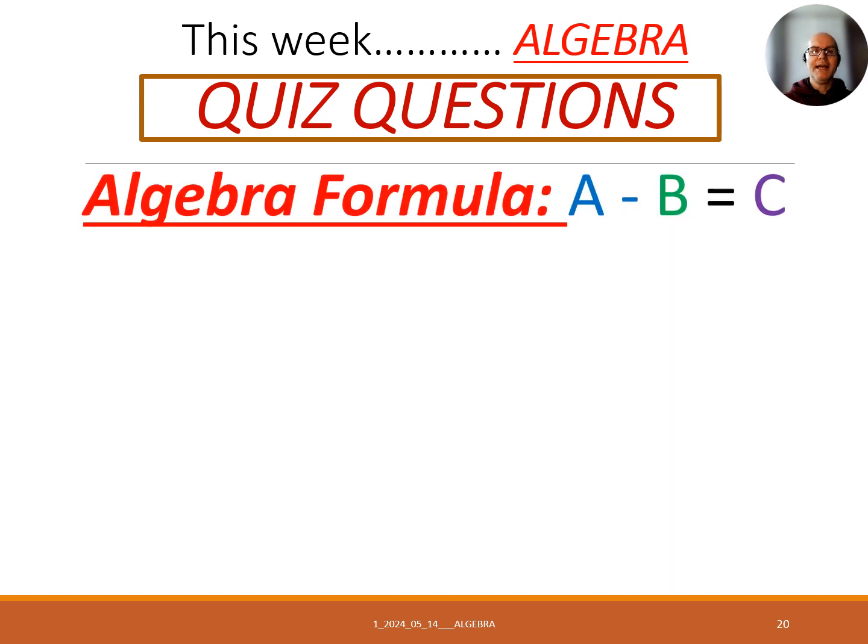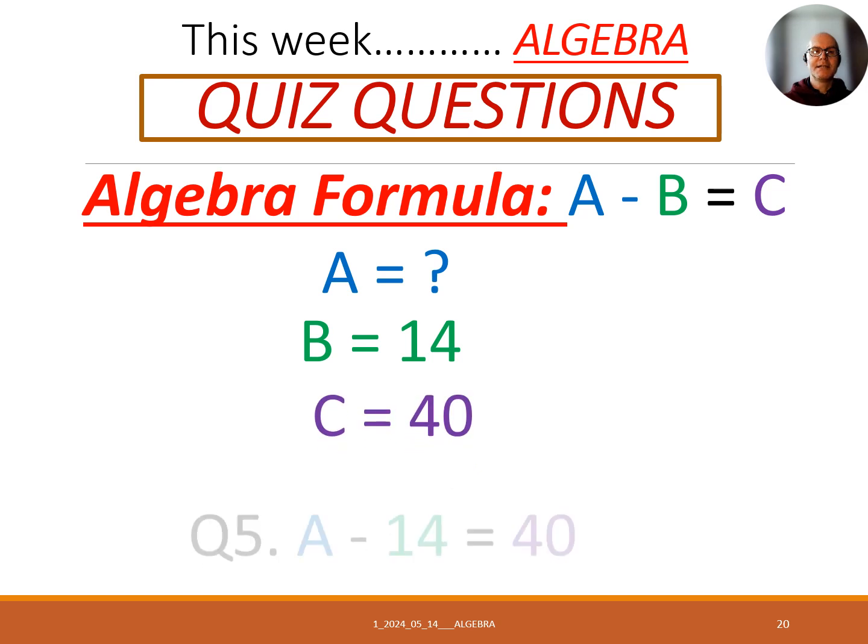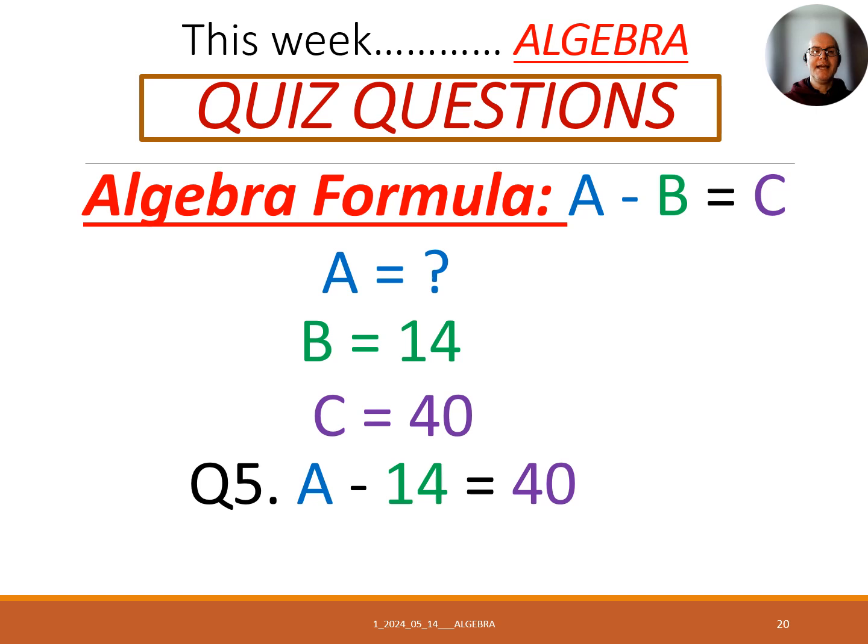Next question. A minus B equals C. This time we're going to try and establish what A is. B is 14 and C is 40. Substitute the numbers in. A minus 14 equals 40.